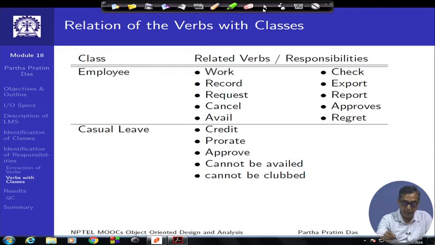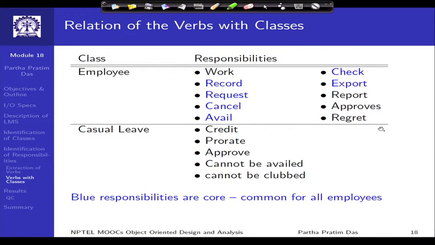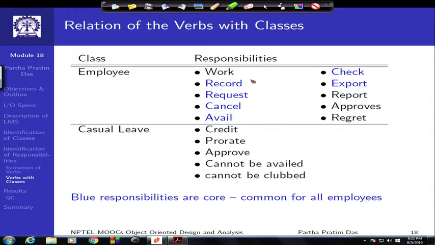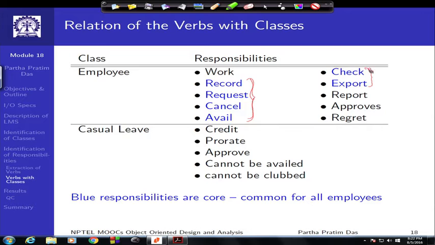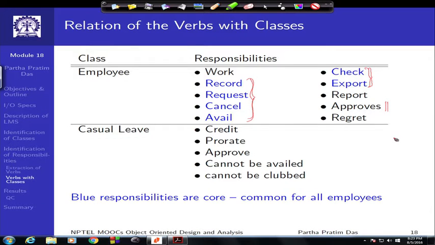So, if we refine that, then these verbs we can now think of as responsibilities, and you will see that some of these I am marking in blue, especially these ones, because we know that there are multiple categories of employees, and if you analyze the document, you will find that these are the responsibilities, or relations, that have been mentioned for all kinds of employees, whereas maybe approve or regret is relatively restricted.